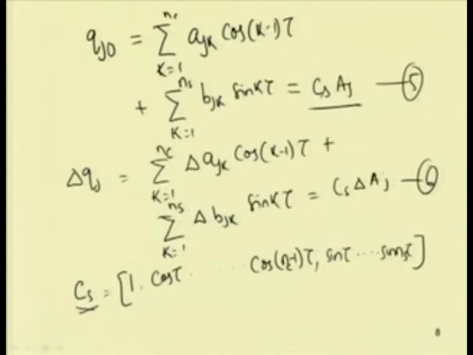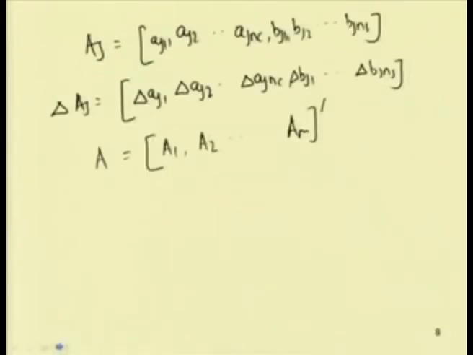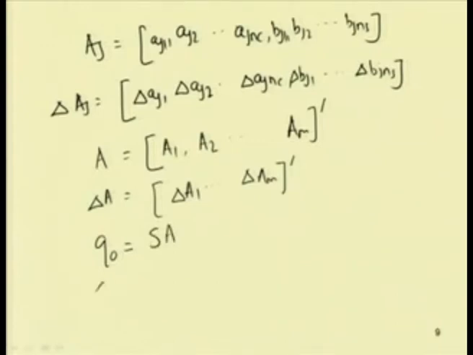So, we have taken m terms. Similarly, this is C s into delta A j. So, we can write A equal to this transpose, and delta A equal to delta A 1 up to delta A m transpose. So, we can write this q 0 as S into A and this delta q as S into delta A.